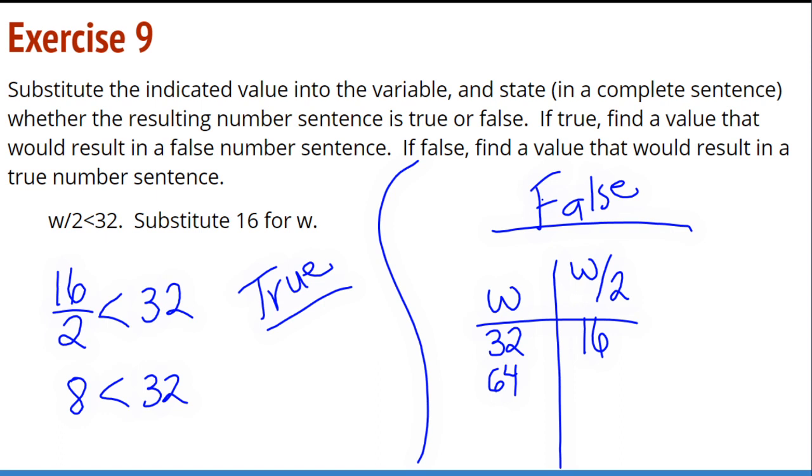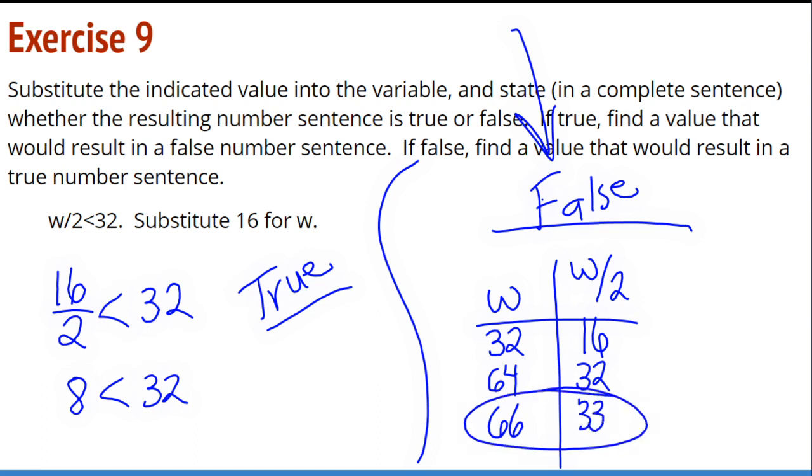So 64 divided by 2 gives me 32. And now I'm equal to 32, but I'm supposed to be greater than 32 because I'm trying to have a false statement here. So I've got to pick something even bigger. So I could do 66 divided by 2 is 33. So if the value of w were 66, this statement would be false.